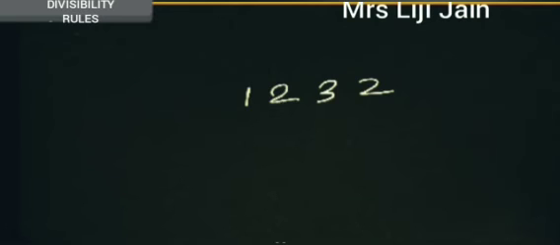Here we are going to divide the number by places. Which is our first place? Ones place. 1 is an odd number, so let's name ones place as odd place, and second place is tens place. 2 is an even number, so let's mark second place as even place, and third place again odd place, and fourth place even place.